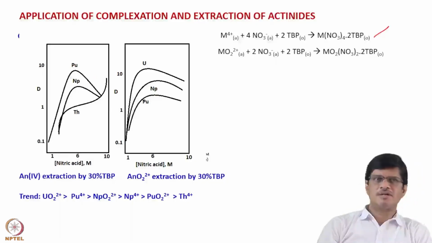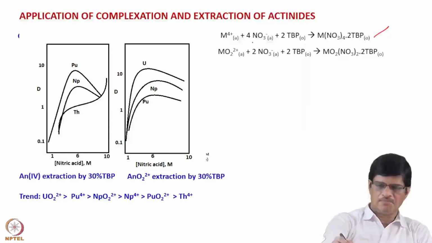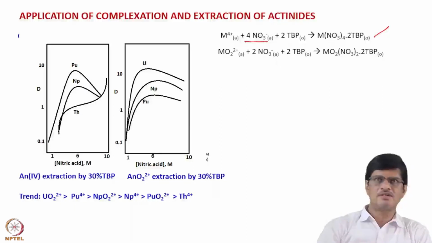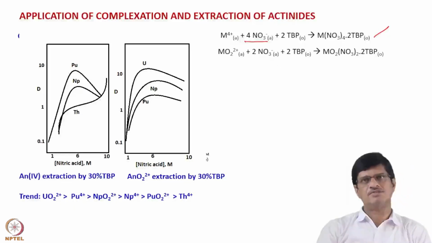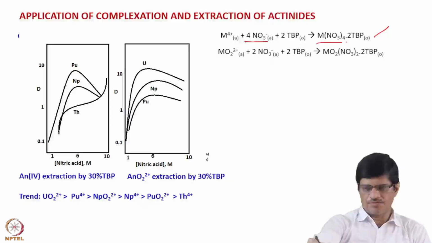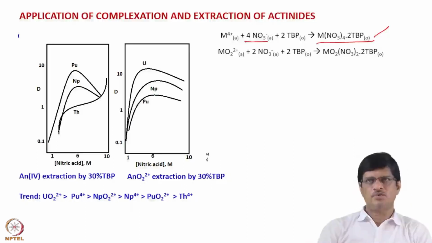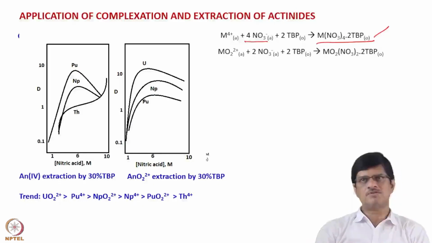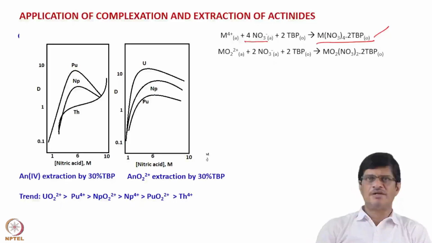As I have already mentioned, in this extraction equilibrium, with increasing nitric acid concentration, the nitrate ion concentration is increasing. Therefore, the formation of this species, that is M(NO3)4·2TBP, is increasing with increasing nitrate concentration. That is, with increasing nitric acid molarity, this extraction should increase.